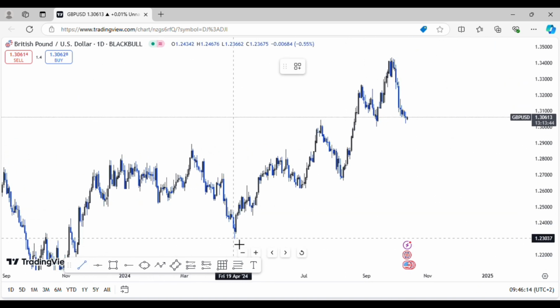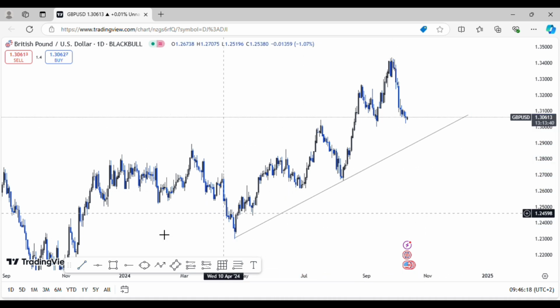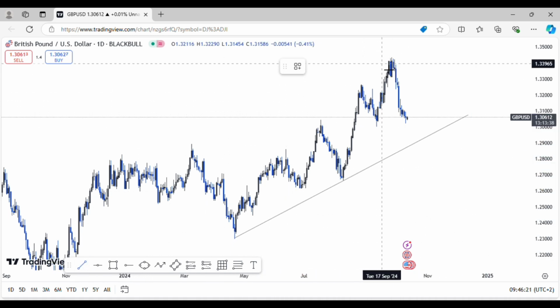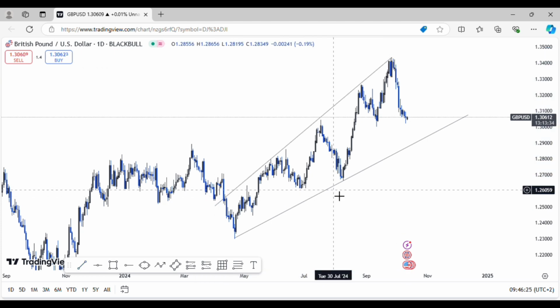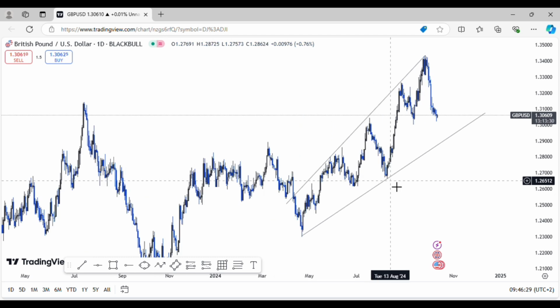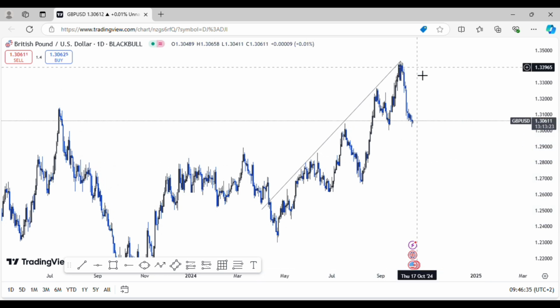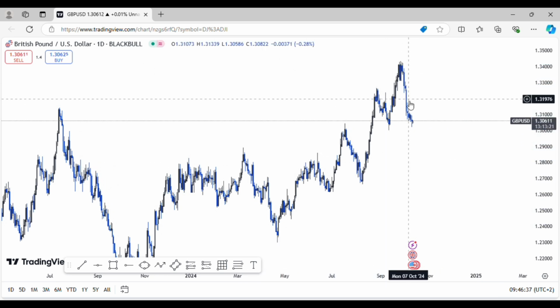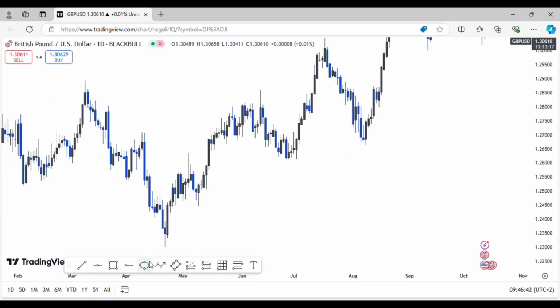I'll draw that trend line there. You can see that the trend line is heading to the top. So I'll delete this, and then I'll show you how you can identify it. We had what we call a high there.